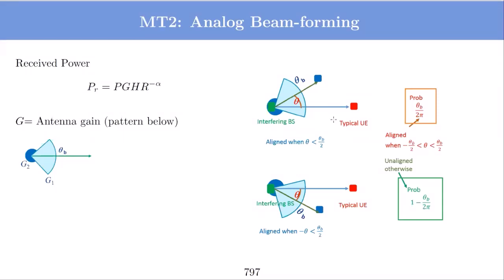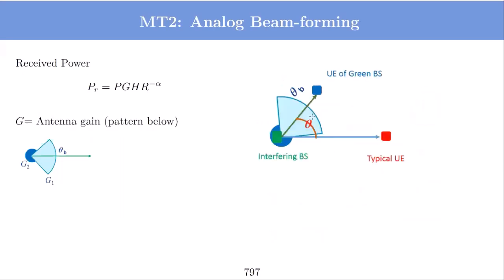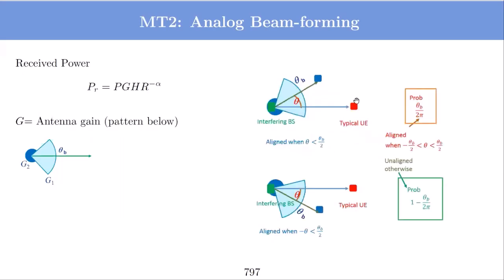Okay, so what is the probability? Instead of exactly calculating this, we can again use a simplified approach. We can think that the UE of this interfering base station can be uniformly located around it. So this orientation angle can be uniform from 0 to 2 pi. This means this theta will also be uniform random between 0 and 2 pi, right?